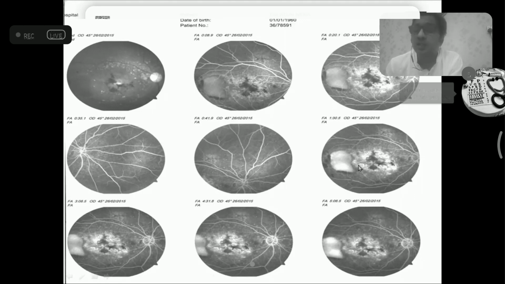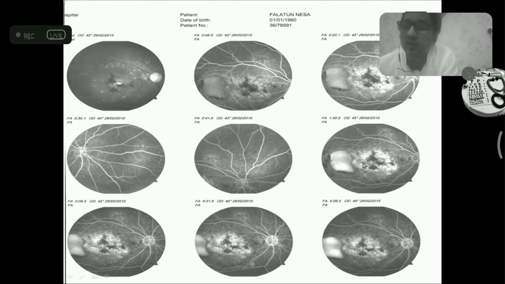It is important to understand that pooling and leakage are present here. Pooling means pigment epithelial detachment, and there is leakage due to the blood retinal barrier.